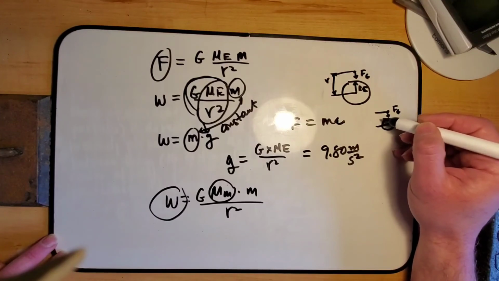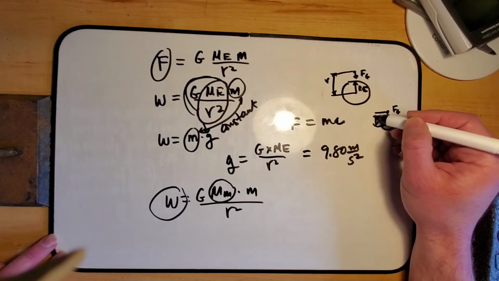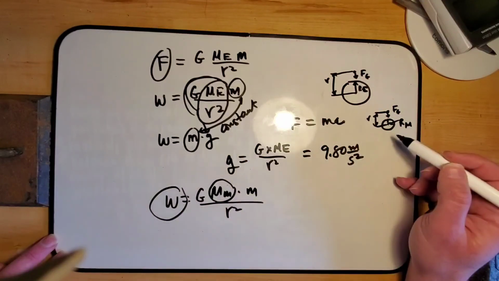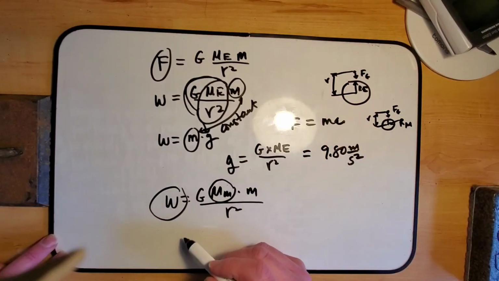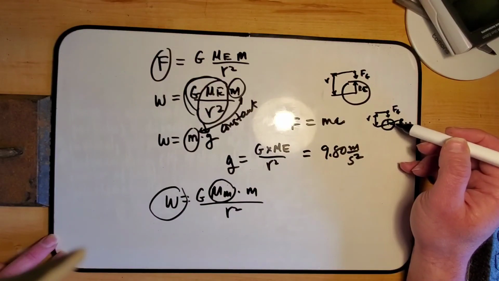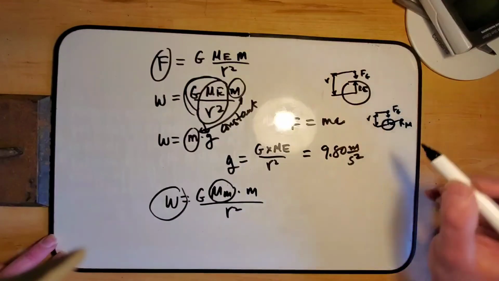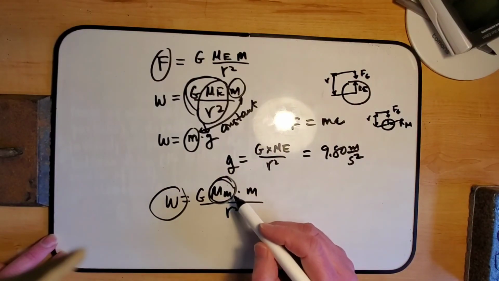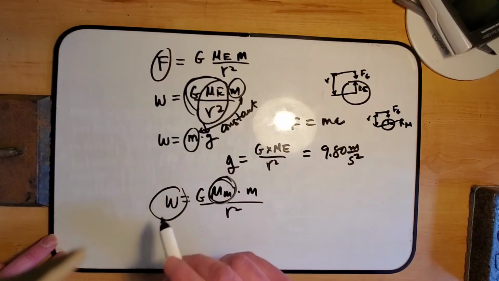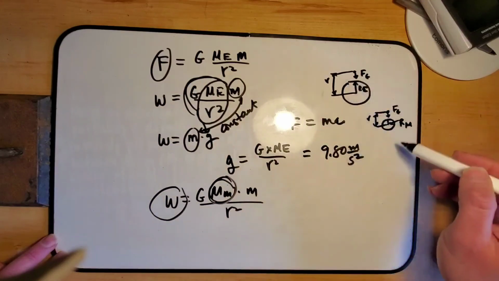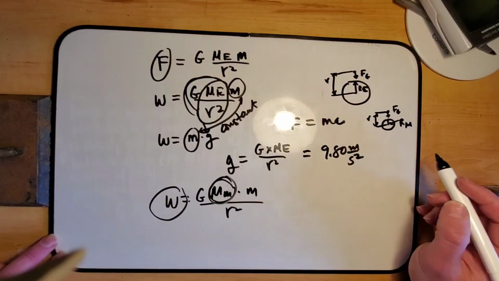So even though the R is also smaller here, meaning that this is bigger, the mass of the moon is drastically smaller than the mass of the Earth. So this factor is important, and that's the factor that will change your weight on the moon by 6 times, because of this disparity in the masses between the moon and the Earth.